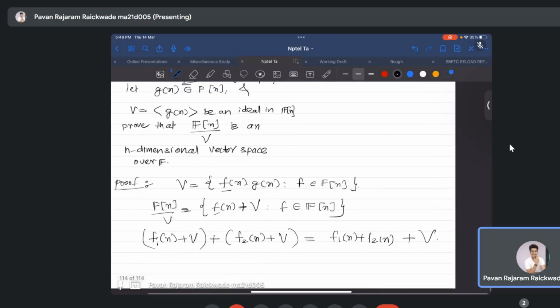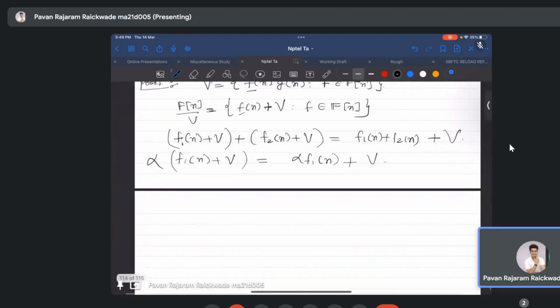Also, we define scalar multiplication as follows: if you multiply f1(x) + V by any element alpha in F, the scalar, then alpha times (f1(x) + V) is the same as alpha f1(x) + V. These are the operations, addition and scalar multiplication, on the set F[x] quotient V. I want to show that this forms a vector space over F with these operations.